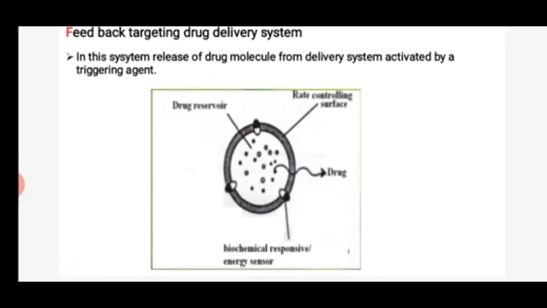Also, bioadhesive drug delivery systems remain localized in a certain area of the gastrointestinal tract, that means in the GIT. So this is most important: drugs with partition coefficients higher or lower than the optimum are in general poorer candidates for formulation into the controlled release dosage form, that means CDDS.